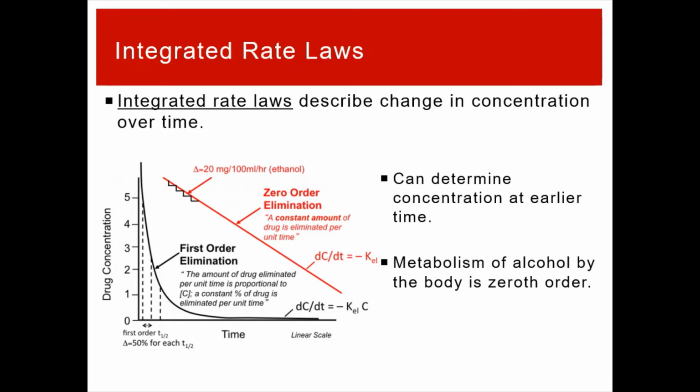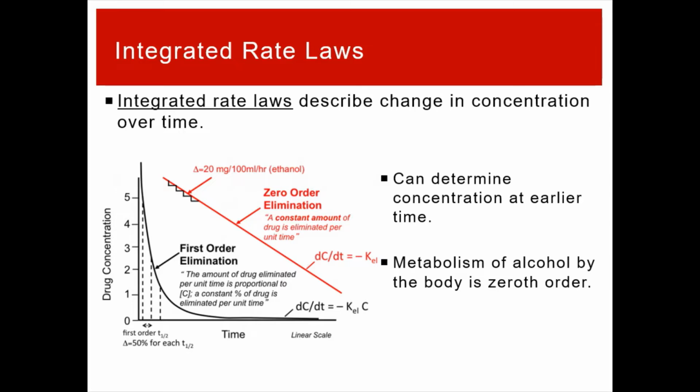If you know what the concentration of alcohol in someone's blood is right now, you could figure out what it was at an earlier time point, say 2 hours ago or 12 hours ago. You can always go through that because we know how it changes over time. So you can not only predict how things will move into the future, but also reverse.